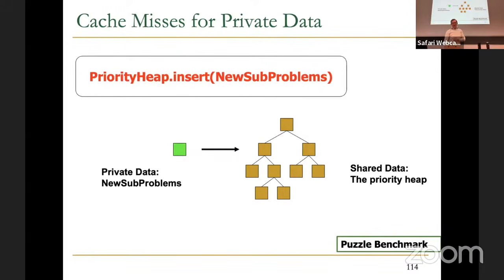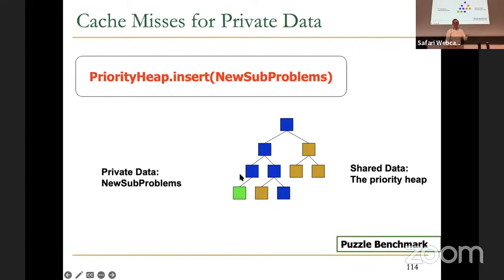Assuming your shared heap is large, when you add this private data, you actually touch a lot of shared data, as you can see, right? In this particular case, we touch 6 shared data nodes, while we touch only 1 private data node. So in this case, keeping these 6 in the cache always, as opposed to ping-ponging a subset of them, is probably better than keeping the private data in the cache. Right?